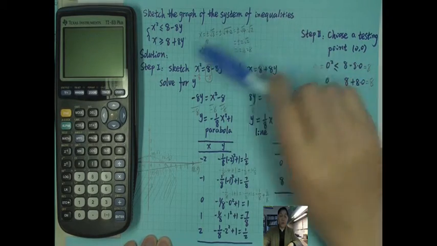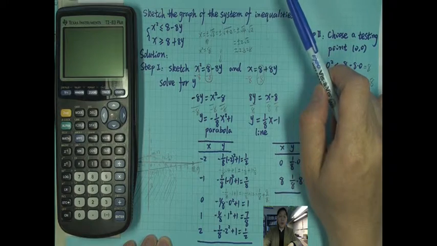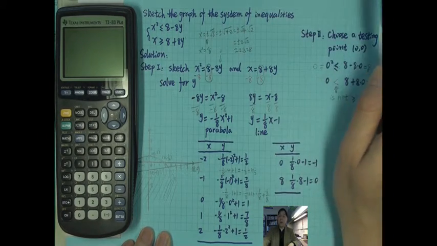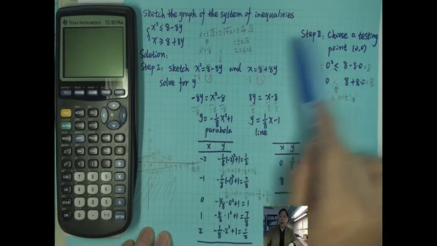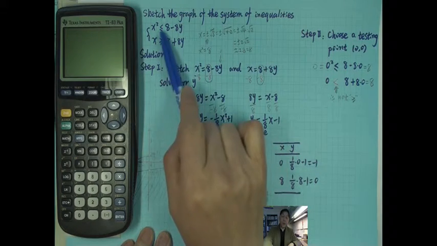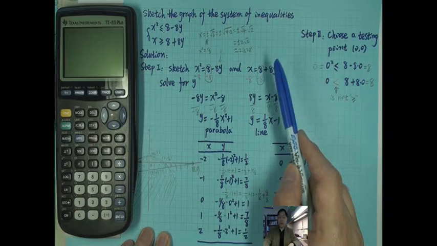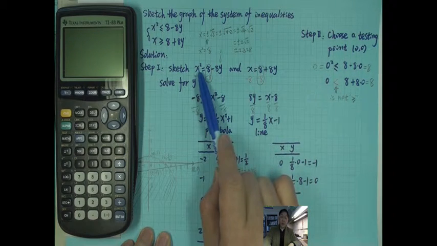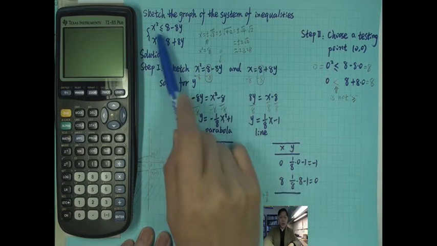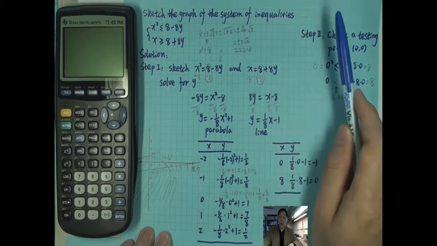Now let's see how to do this one, because there are two inequalities here, so that's a system. Again, there are two steps. Step 1 is always to sketch the equation instead of the inequality. The first one, if you put the equal sign over there, is x squared equals 8 minus 8y.